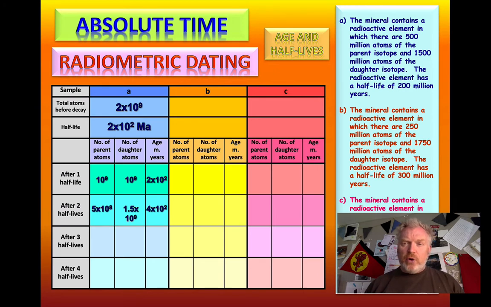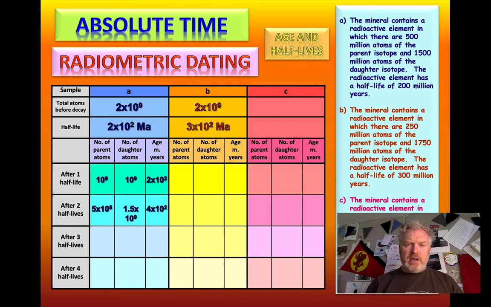So that's going to be 400 million years. So sample A is going to be 400 million years old. Sample B then, we're told, has 250 million atoms of parent, 1,750 million atoms of daughter. So that's a total again of 2,000 million atoms at the start.